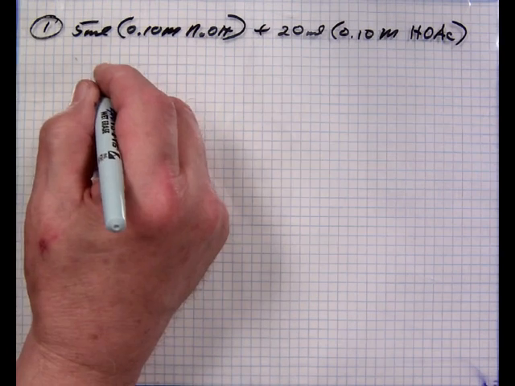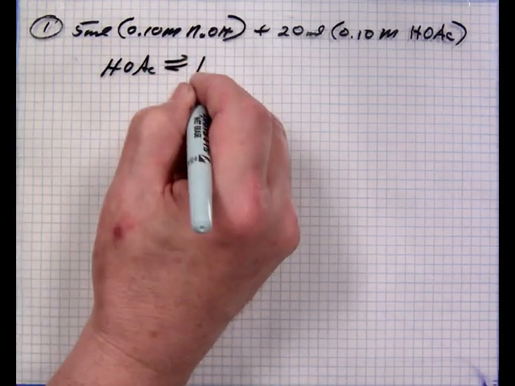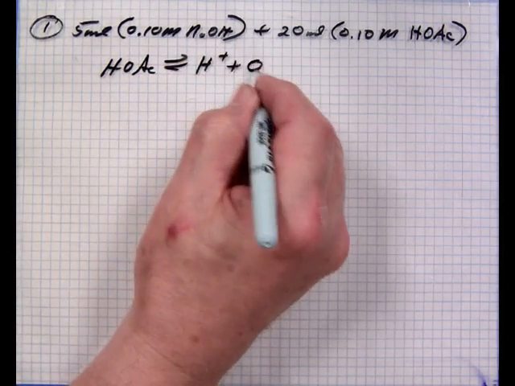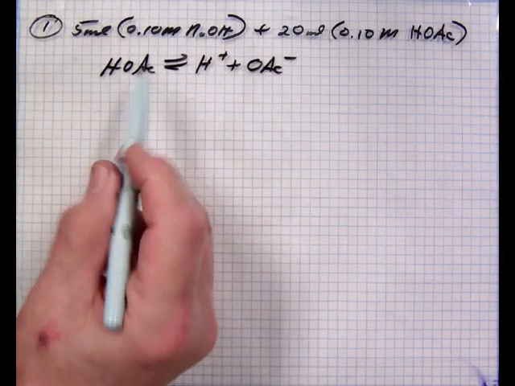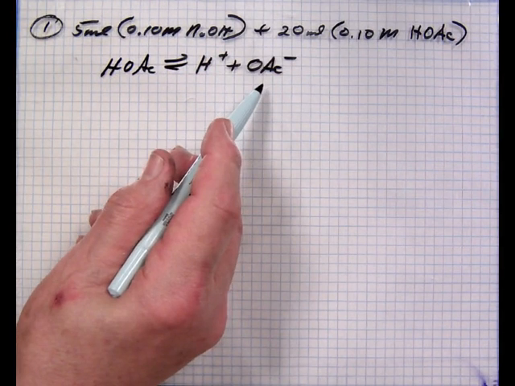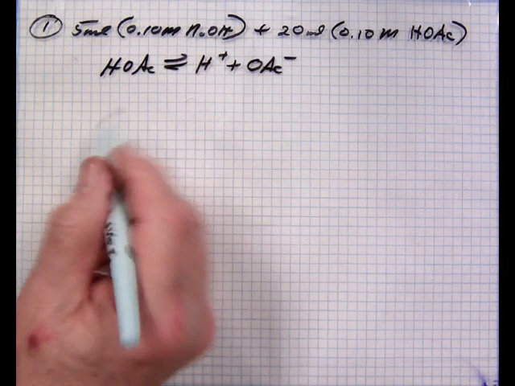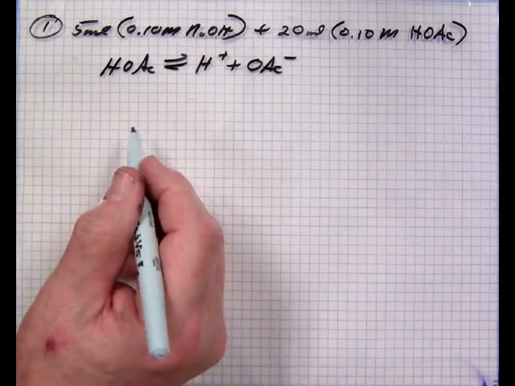So we need to take a look at what the equilibrium equation looks like, because as you neutralize the acetic acid, you're going to be producing some acetate ions, and that has to be taken into account in terms of a common ion effect. So we have to apply those concepts.